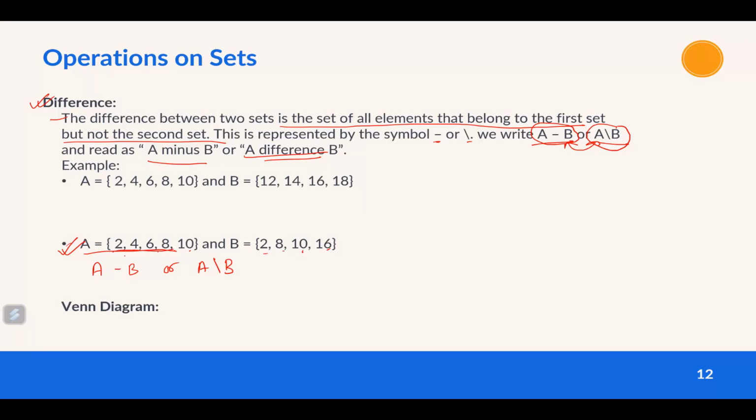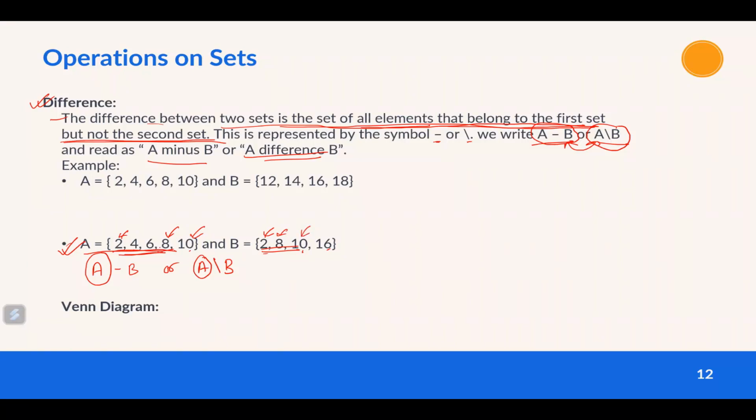So from the set A, we have to remove the elements which are present in B. You can read it again. It says that it is the set of all the elements that belong to the first set. So what is the first set? The first set is the set A, right? All the elements which belong to the first set but not the second set. So here 2 belongs to the first set, and also belongs to the second set. 8 belongs to the first set and also the second set. 10 belongs to the first set and also the second set.